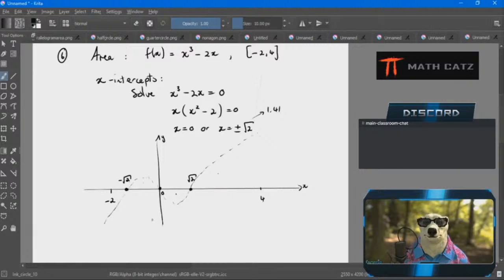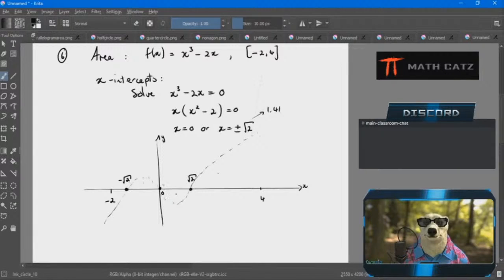It doesn't matter if there's just one section or 10 sections, it's all the same, regardless of what the graph looks like. The x-intercepts that fall inside my interval tell me how to separate the given interval.